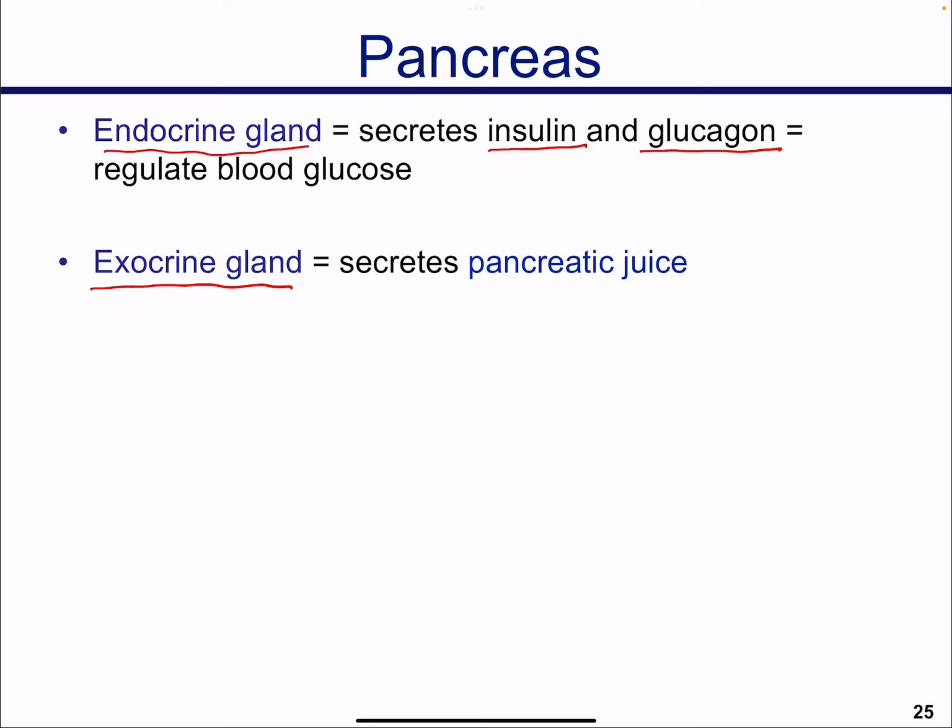That content is going to end up in the duodenum, which is part of the small intestine. And this content that is going to be released is actually called the pancreatic juice. Just like the gastric juice, the pancreatic juice is very complex. You have a bunch of enzymes in there. You have salt in there. You have different things, buffers in there. We are going to address that.